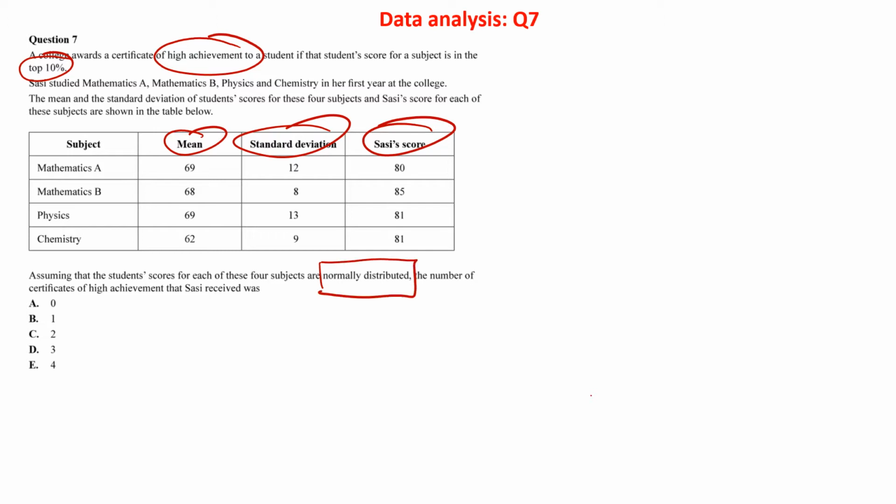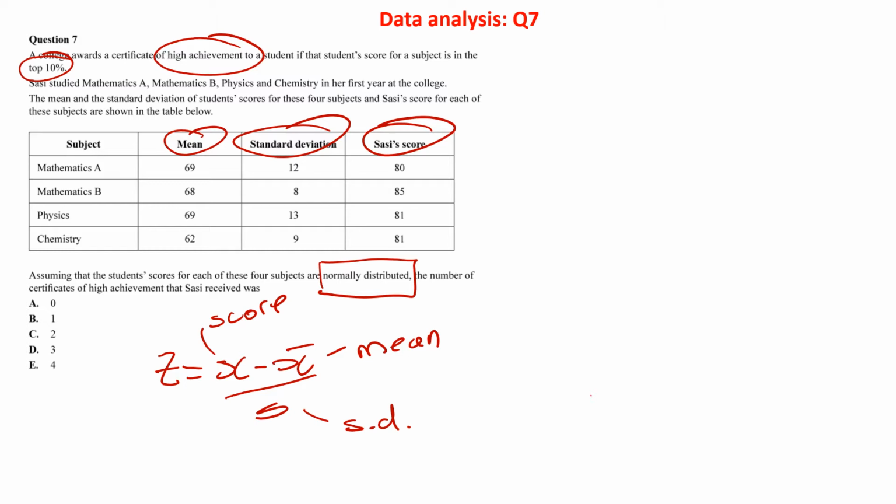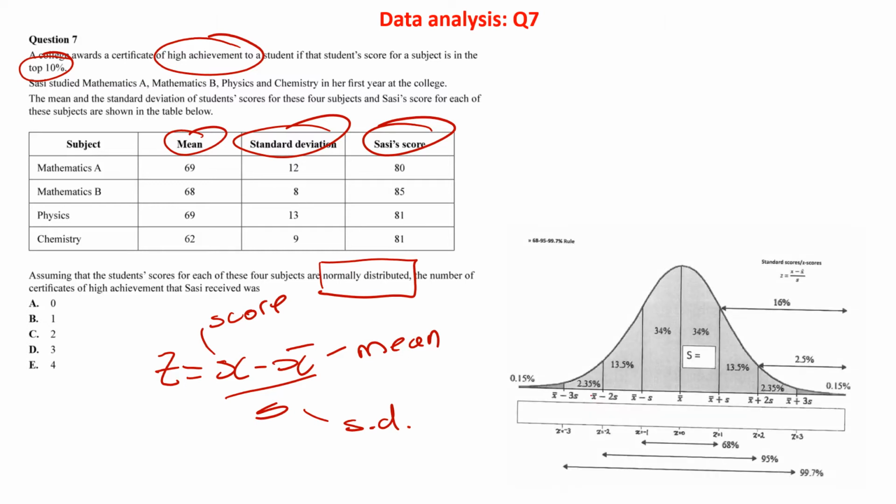So that means we can use the Z score, so Z equals X minus X bar over S, where X is your score, X bar is your mean, and S is your standard deviation. How we use that is, for example, if I've got a Z score less than 1, it means I'm in the top 16%, which means I'm not in the top 10%.